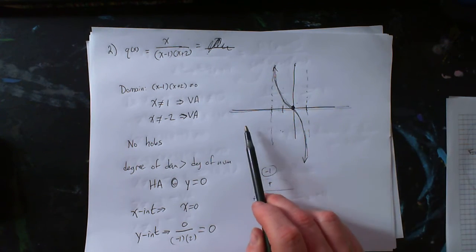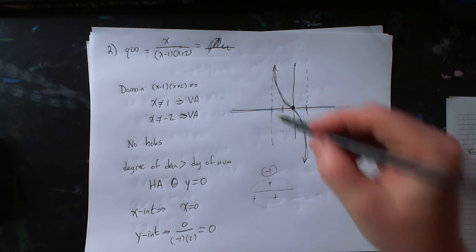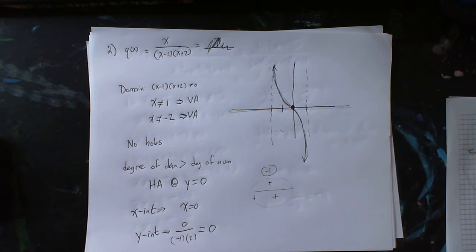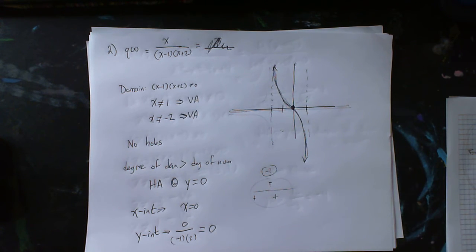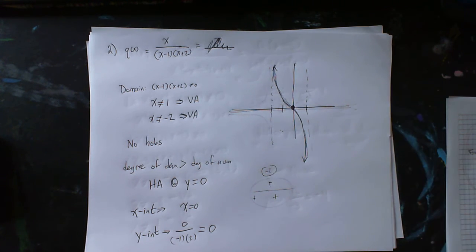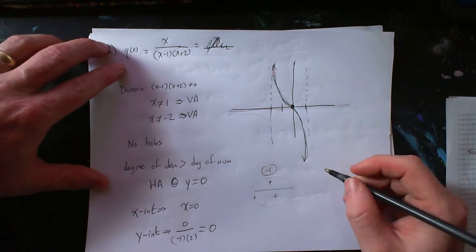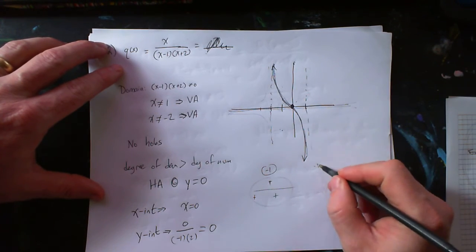Now we have to determine what our ends look like. Since there is no x-intercept, we're either going to stay completely above the x-axis or below the x-axis in each one of those cases. So again, if I go negative 1, negative 2, negative 3, go out there somewhere.